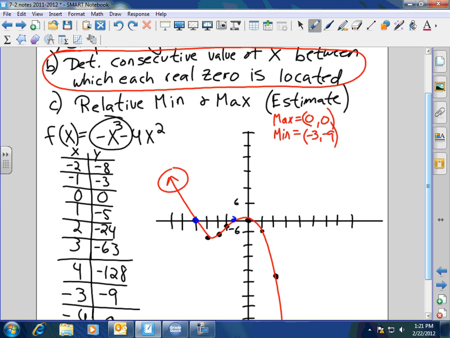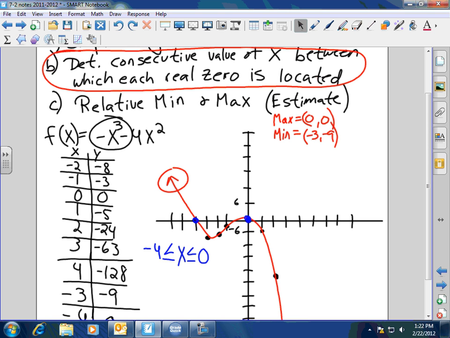So what are the x values in between those zeros? It never goes there. No worries, my drawing was off. I apologize. So my x is going to be greater than or equal to negative 4, but less than or equal to 0. That's it.